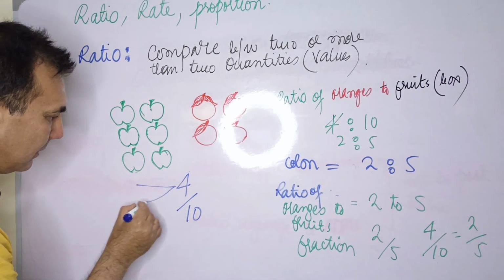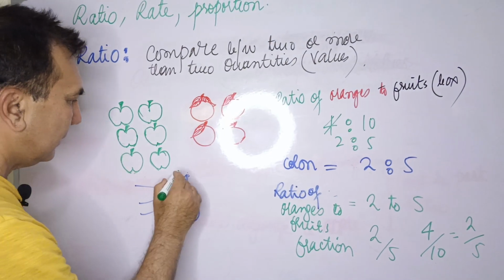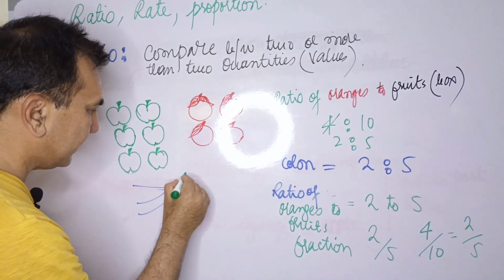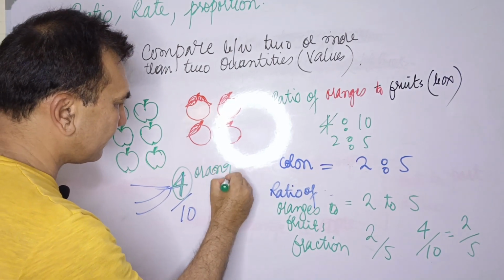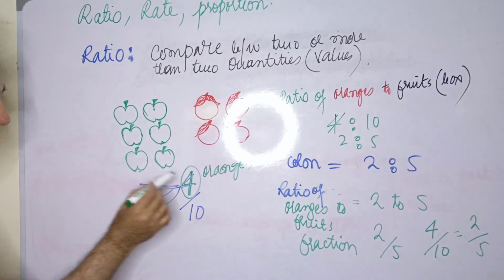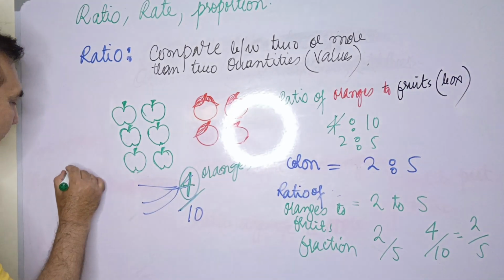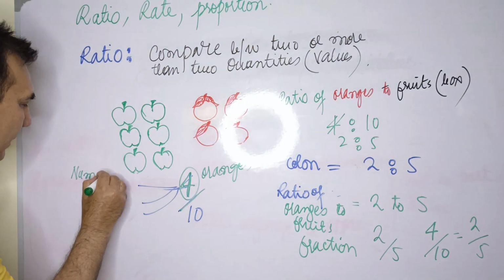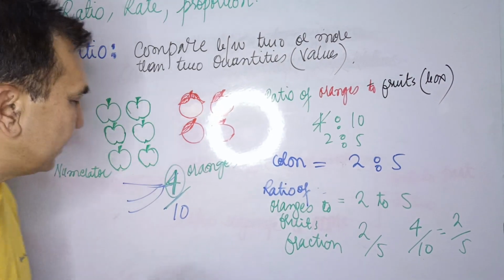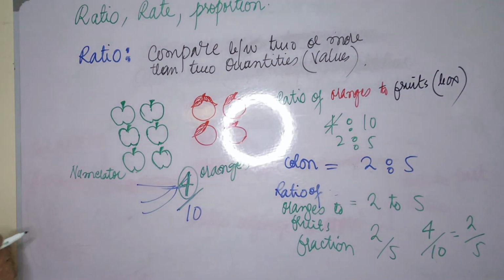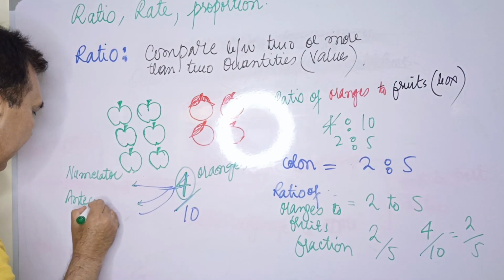This numerator is the 4, the number of oranges, the ratio of the oranges. This 4 which is up is called the numerator. It has three names or three titles. The first is the numerator, and the second is the antecedent.